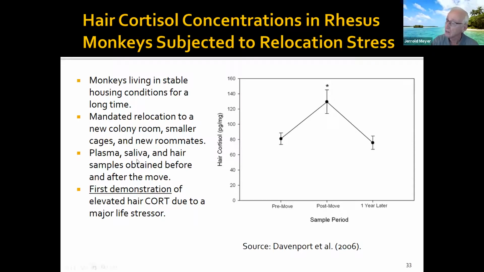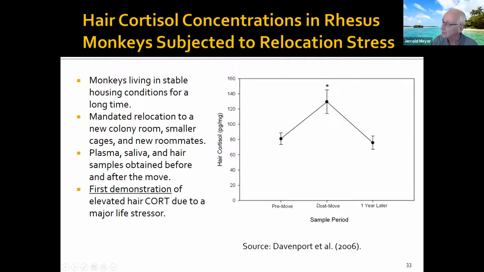So we obtained saliva, plasma, and hair samples before and after the move. Of course, I'm not showing you all the data, they're in the paper, but plasma cortisol went up, saliva cortisol went up, and the important thing is this graph here. This is the baseline sample just before they were moved, and this post-move one was 2 months after. They were anesthetized, and we shaved some hair from the back of their neck.